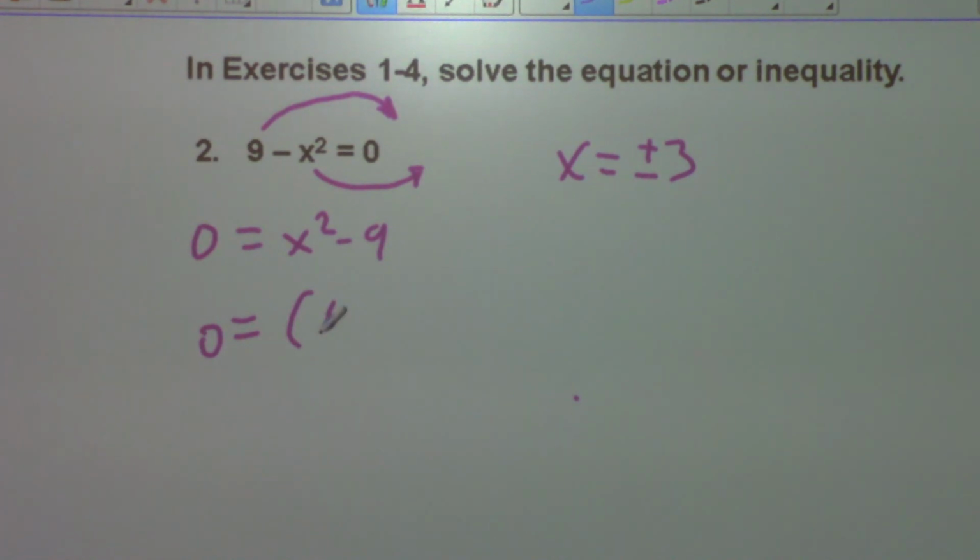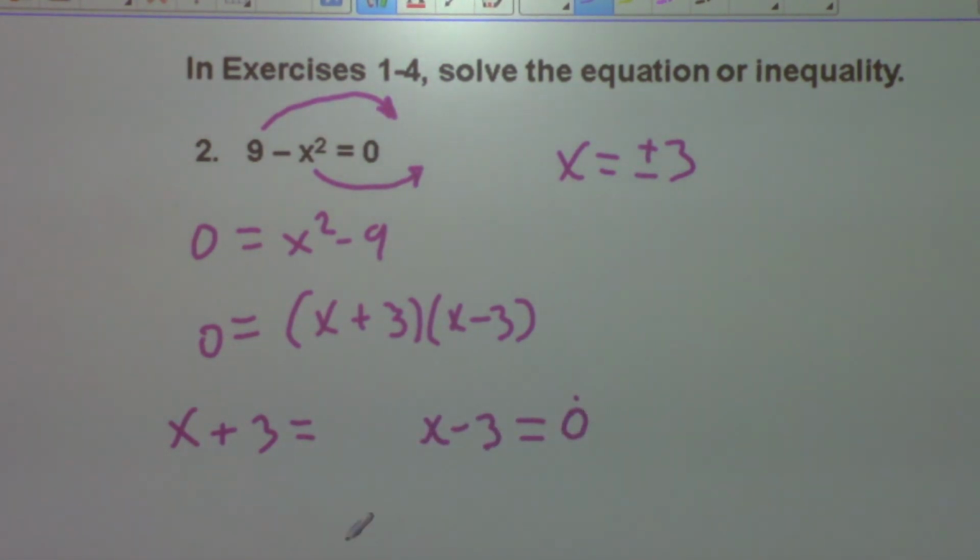So you got x plus 3, x minus 3. And now what do we do? Set each of these factors equal to 0. That's called the zero factor property of algebra. And so we have, therefore, x is equal to negative 3 and x is equal to 3, right?